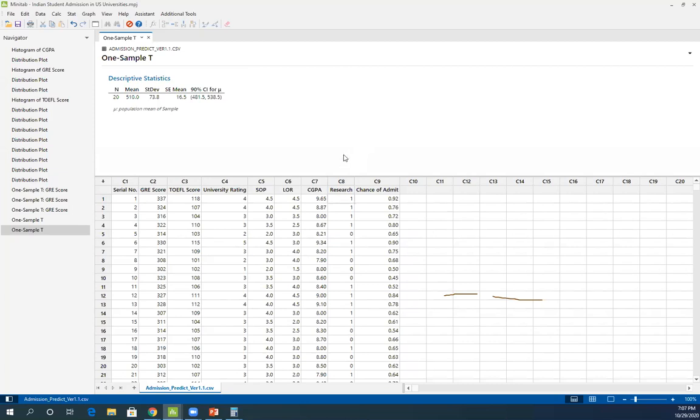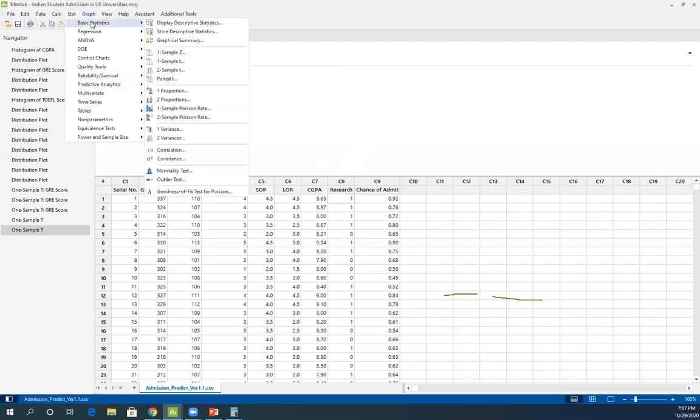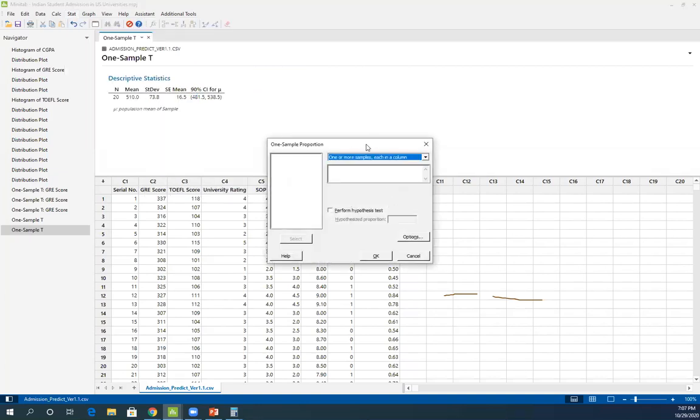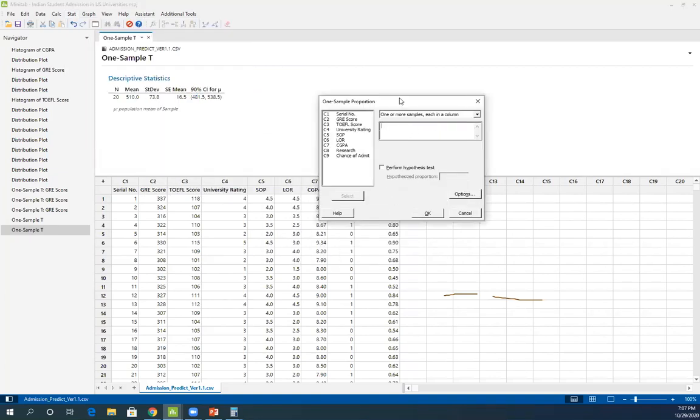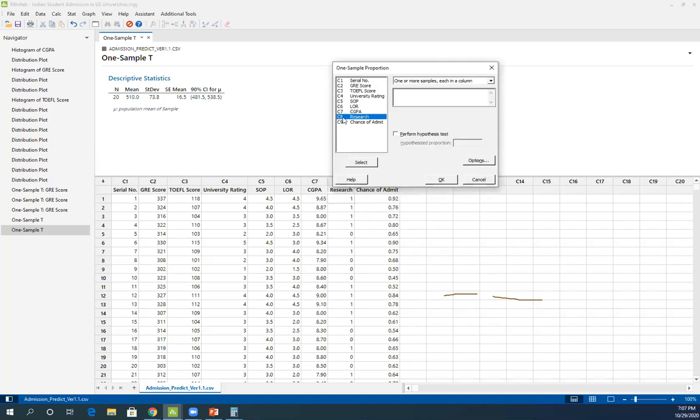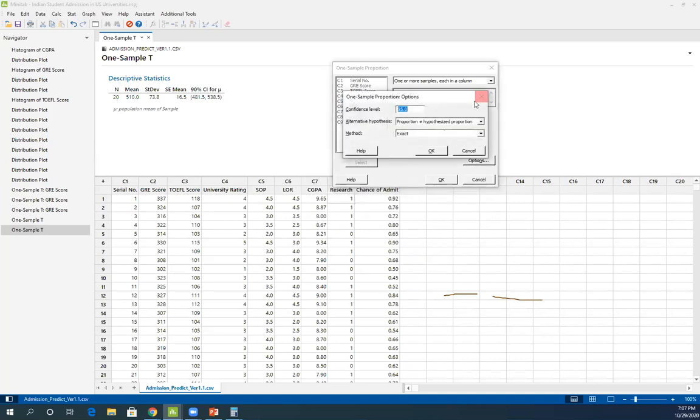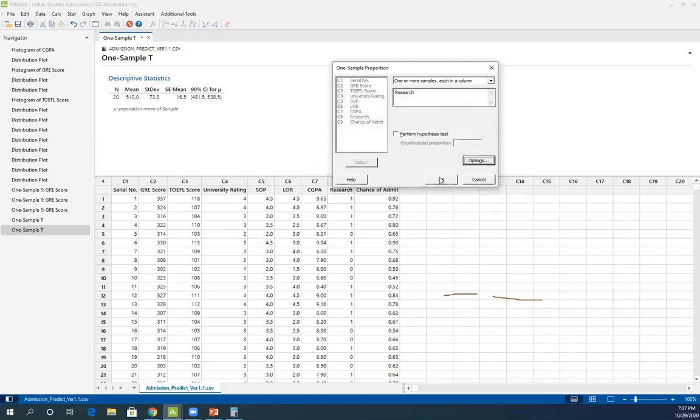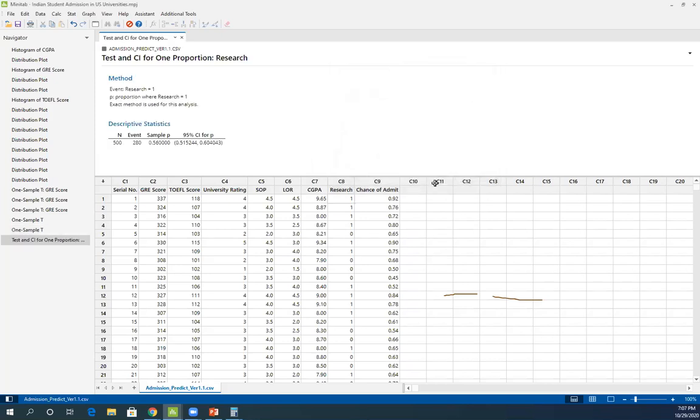students, all 22,000. So I just go Stat, Basic Statistics, and here we have One Proportion, and I can select directly a column which is the research column. Again, the option is 95, or 90%. By default, everything comes as 95. So you can do that.